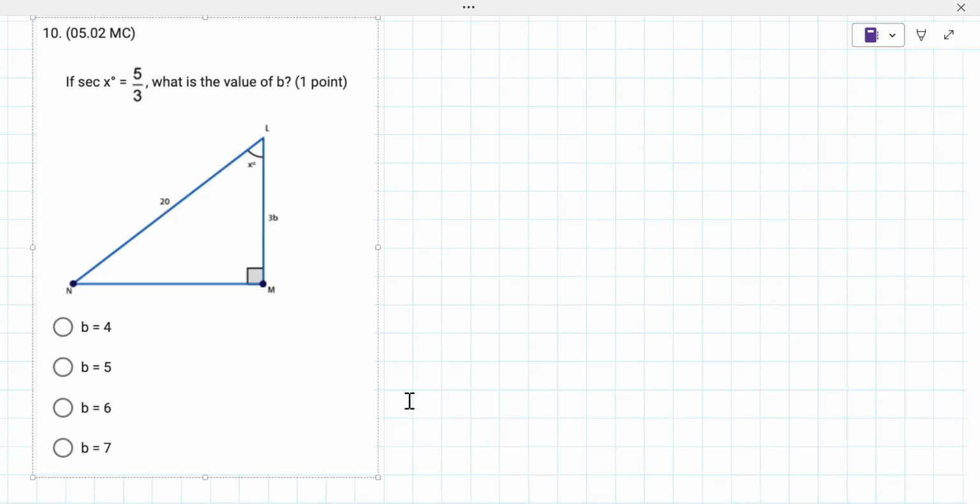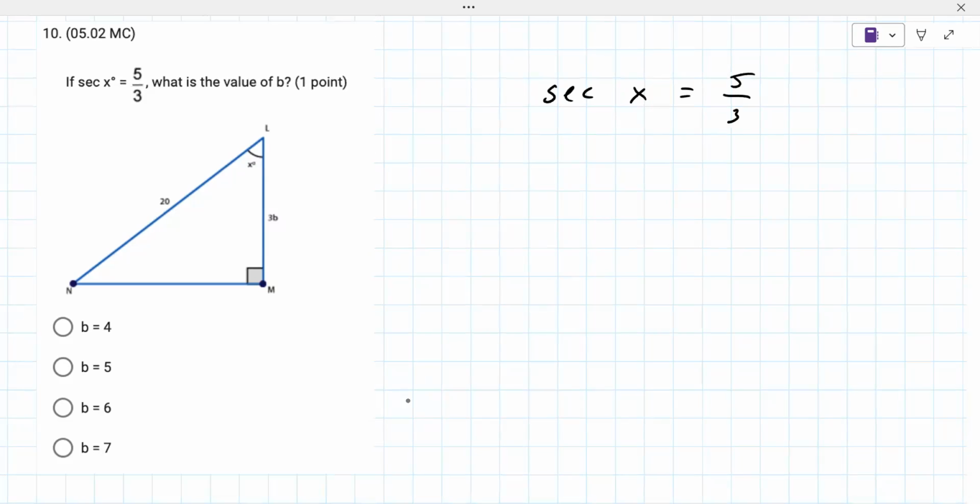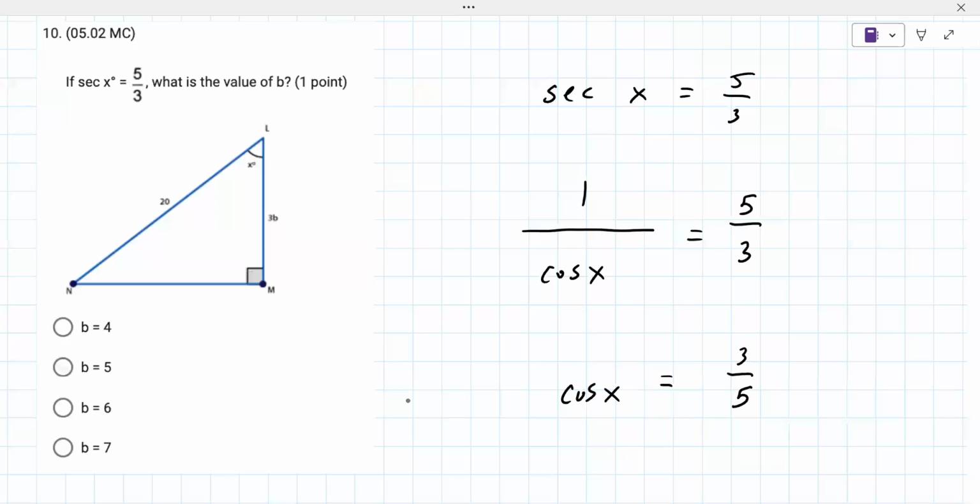So this one's difficult because secant x, we don't know anything about, but we know that secant is really 1 over cosine x. So if you flip the fraction on the left, you flip the fraction on the right.